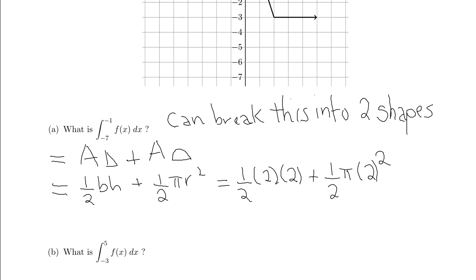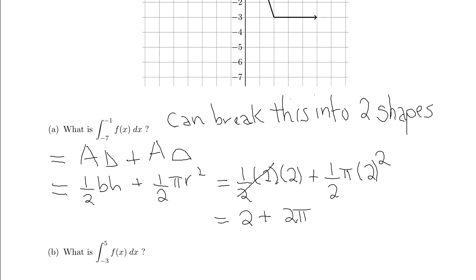If we simplify this, we can cancel a couple 2's, and we end up with 2 plus 2 pi. That's what it works out to. So that's our exact area under the curve between x equals -7 and x equals -1, but it's also the value of our definite integral. So the definite integral is the signed area under the curve. They are the same thing.